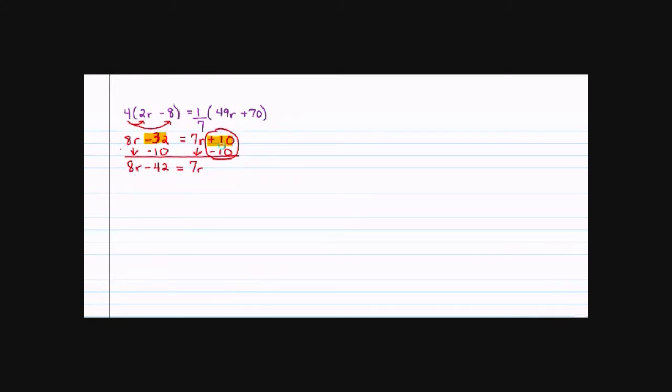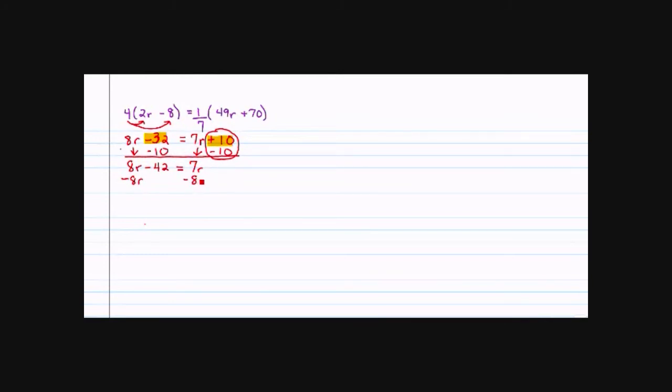Now I can move my 8r over to the other side. Remember, I'm not separating them, so I'm adding and subtracting them. Some people get that mixed up. I just want to move this r over to the other side, and so I have to do the opposite. The opposite of a positive 8r is a negative 8r.